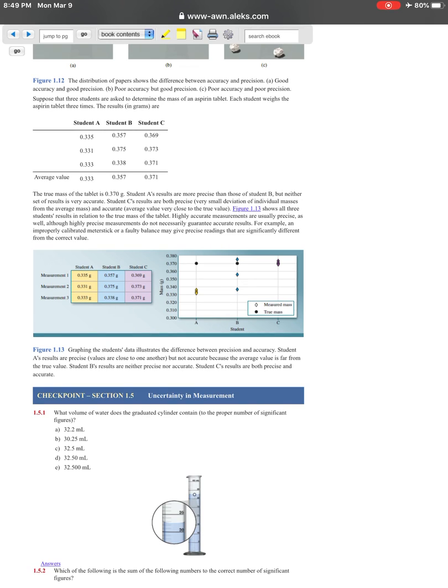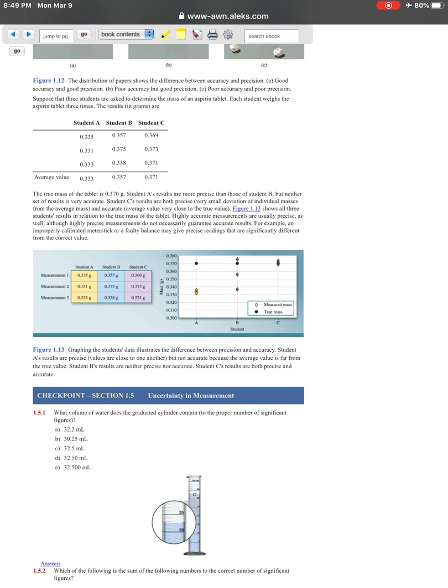They're pretty far from the actual value at 0.370. Student B, well, it looks like one of the measurements was pretty close to the true value, 0.370, but the other 2 were pretty far away, so not that accurate. Maybe a little better accuracy than the first student, but very poor precision, right? Because the 3 measurements of student B are all over the place, not close to each other at all. So maybe a little better accuracy than student A, but much worse precision.